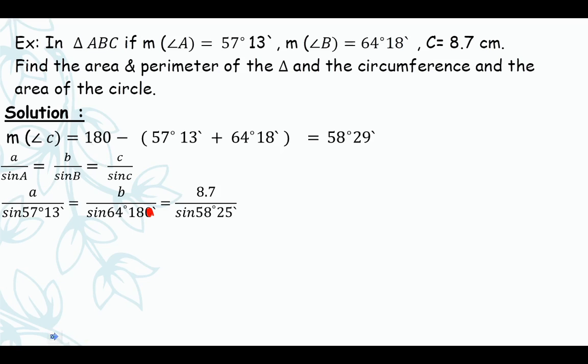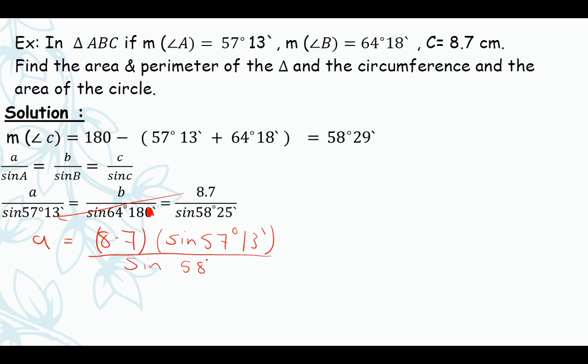Also A, by using cross multiplication, equals 8.7 multiplied by sine 57 degrees 13 minutes over sine C, which equals sine 58 degrees, here is 29 not 25, 29 minutes.